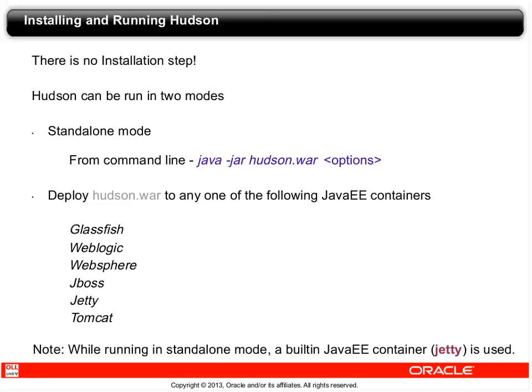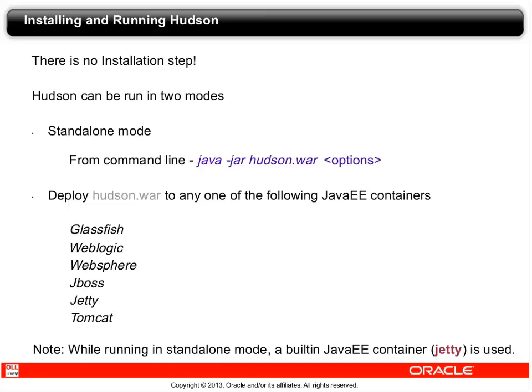Anyway, so that's one way of doing that. Most people will run with that configuration. When you run Hudson that way, it uses Jetty from the Eclipse Foundation, and Jetty is a very, very good Java container.